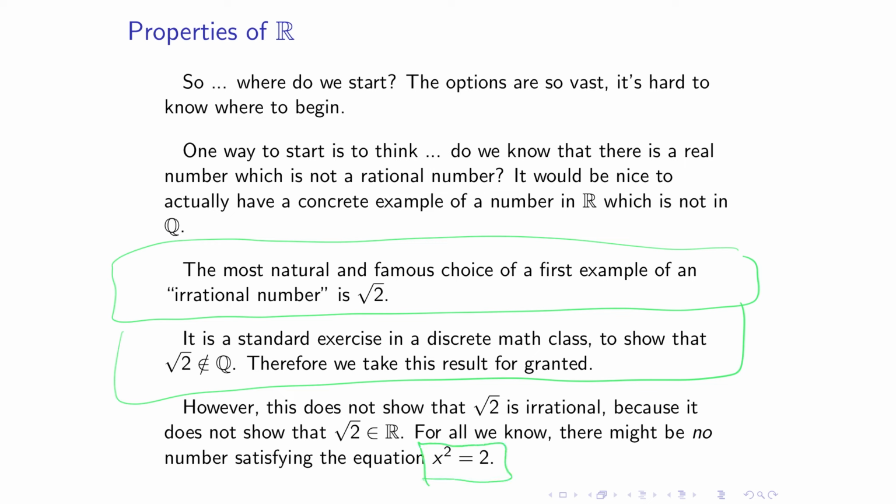We want some number which, when squared, is equal to 2. That's just the very concept of root 2. And at this moment, we have not proved rigorously that such a number exists in the real numbers. So that would be a good place to start with doing some rigorous proofs based on the axioms.